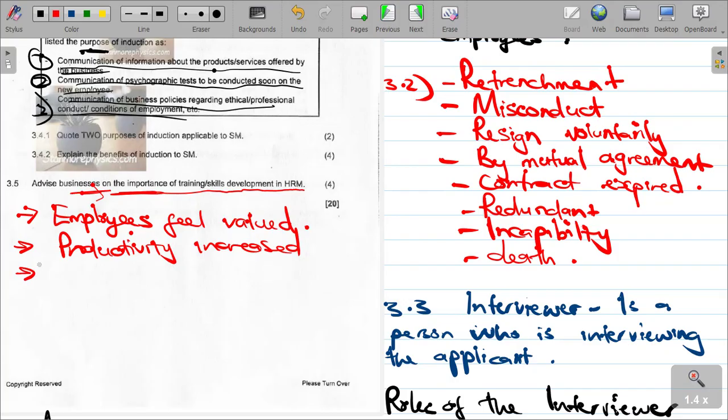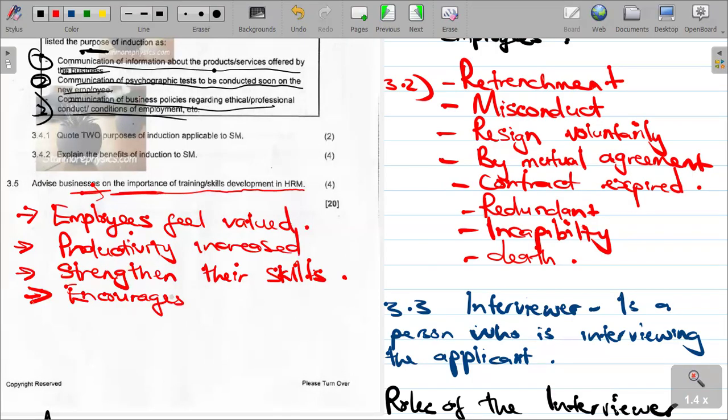quality performance, right? You can find that training programs allow employees to strengthen their skills, right? And also you can find that ongoing training can encourage creativity within the organization.